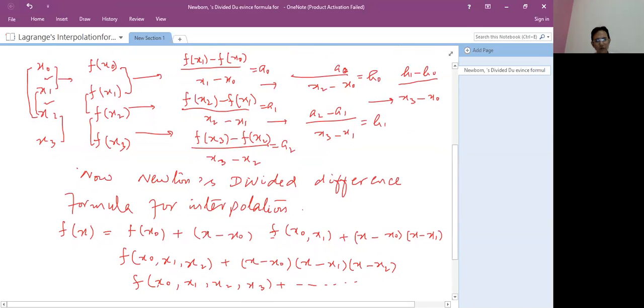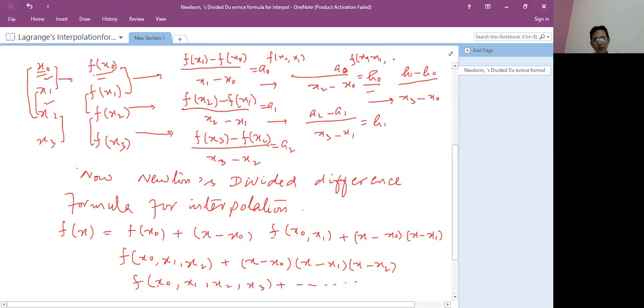So x is unknown. f of x naught means the first value, and x naught is the first value of the argument. These are the entries. When we find the first difference, we call it f of x naught, x1. Then x minus x naught, x minus x1, and f of x naught, x1, x2, which is called b naught.